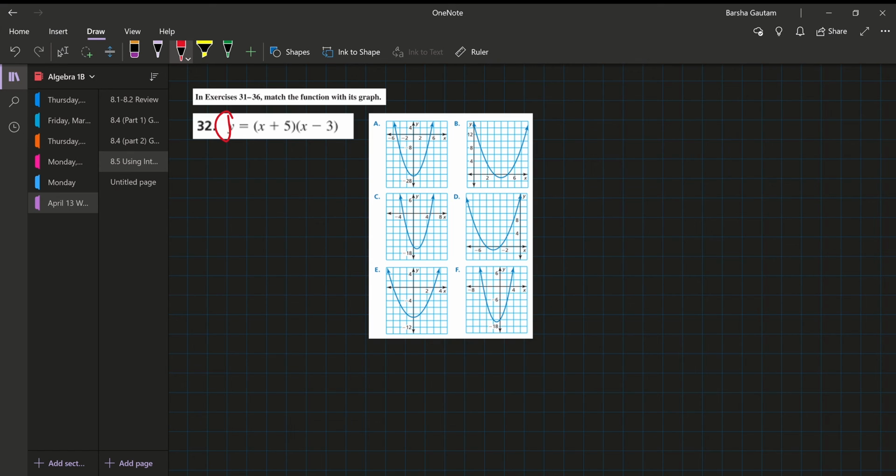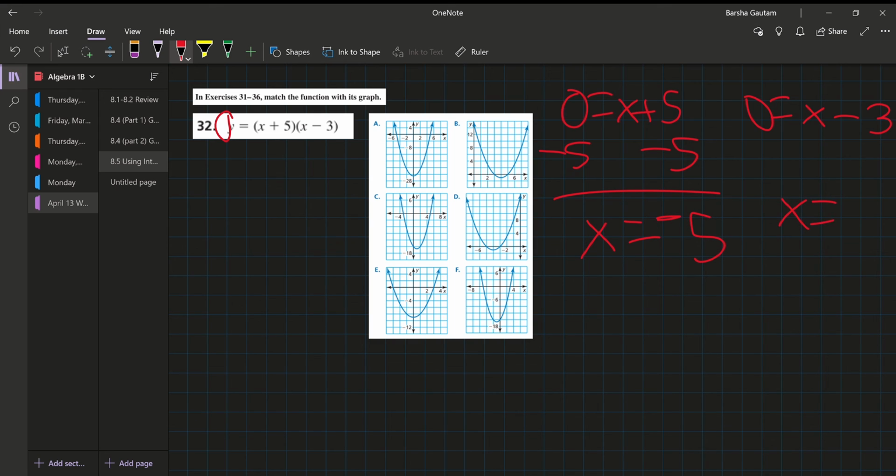That's what the zeros are. 0 equals x plus 5, and 0 equals x minus 3. Subtract 5 on both sides, giving us x is equal to negative 5, and x is equal to positive 3.